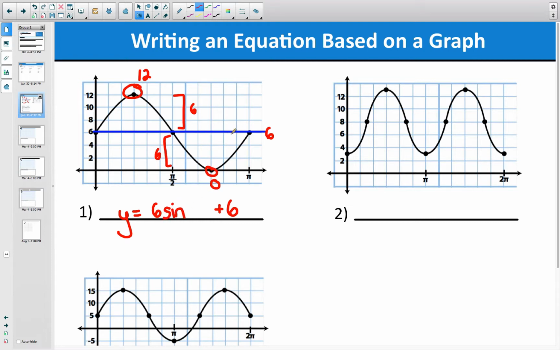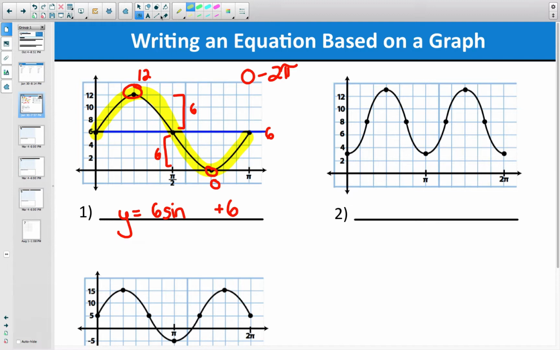And finally, our last piece of information is figuring out the frequency. The frequency is how many cycles we see from 0 to 2 pi, or how many cycles occur in a 0 to 2 pi interval. So I could see that this graph goes from 0 to pi. There's one full cycle of sine from 0 to pi.